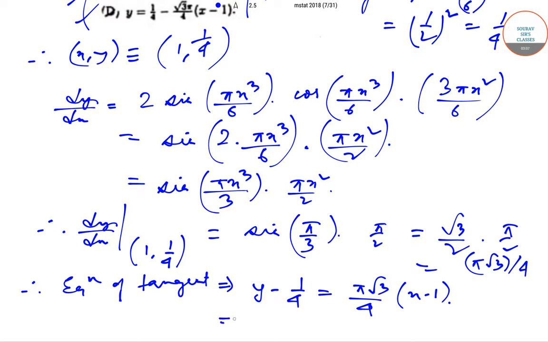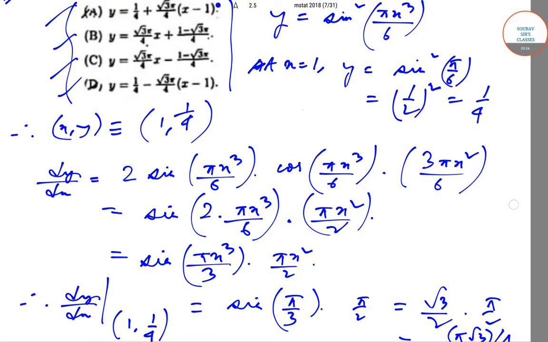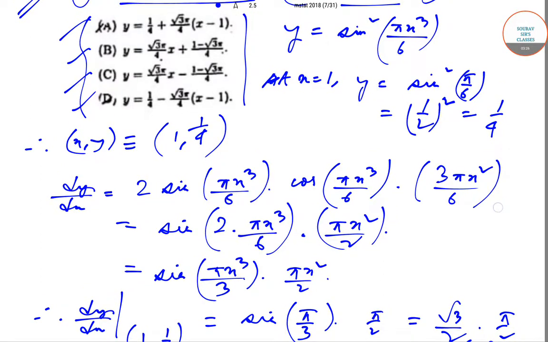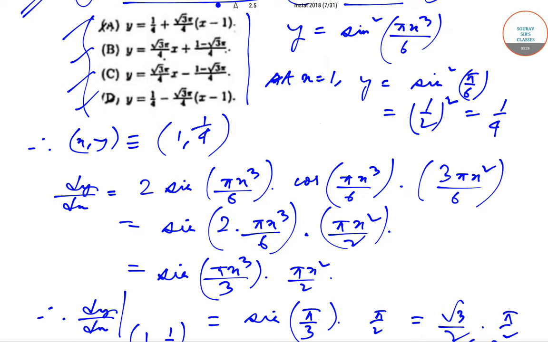So this will be equal to y equal to pi root 3 by 4 into x plus 1 by 4 minus pi root 3 by 4. So this is the equation of the tangent that we have got. So this will be equation B. So the correct option is option B.